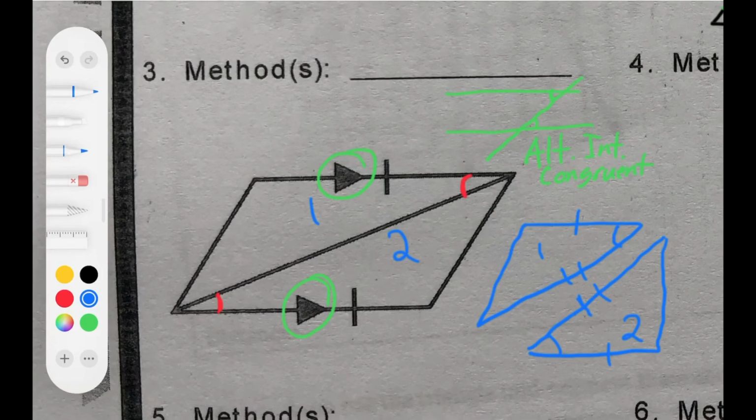So for number 3, we have side, angle, side. There is not another way to prove for number 3 that these triangles are congruent.